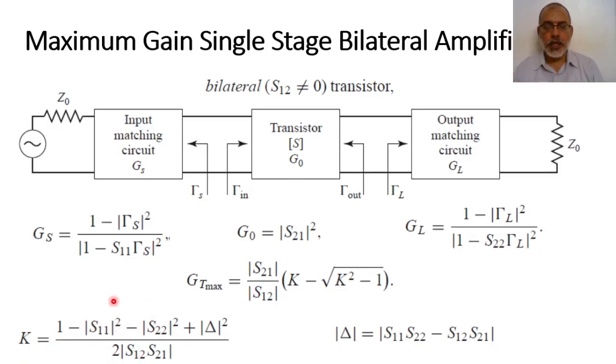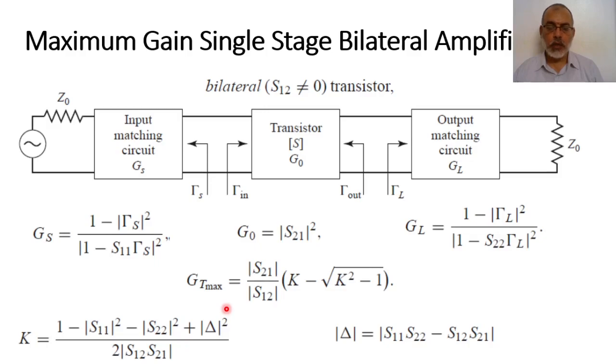When K is greater than unity and the magnitude of delta is less than unity, the transistor is stable, where K is 1 minus the magnitude of S11 squared minus the magnitude of S22 squared plus delta squared, over 2 times the magnitude of S12 multiplied by S21, and delta is S11 multiplied by S22 minus S12 multiplied by S21. So from this, we can find the maximum transducer gain for the case of a bilateral transistor.